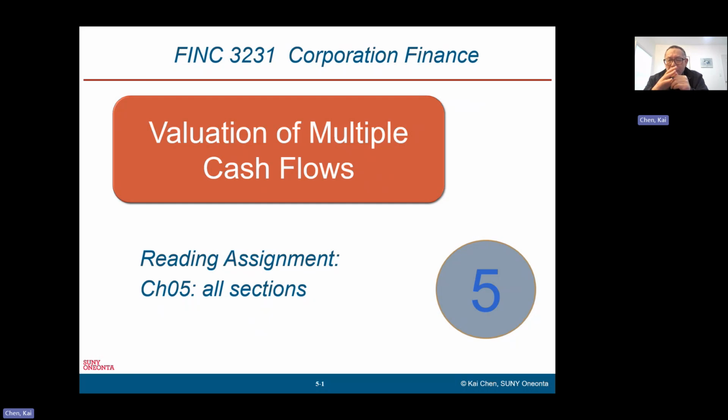Multiple cash flows also exist in real life. For example, you have to pay the tuition quarter by quarter. When you make these payments, there are multiple cash outflows throughout the 4 years of your college, right?